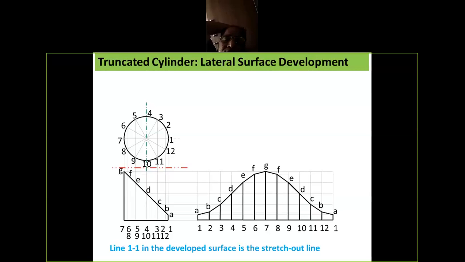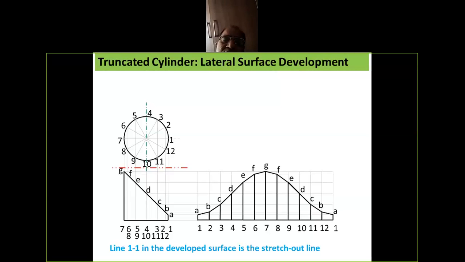Now we can divide this into 12 equal parts. If the distance is 24 mm, then we have to divide it into 12 equal parts, that is 24 by 12, which is 2 millimeters.